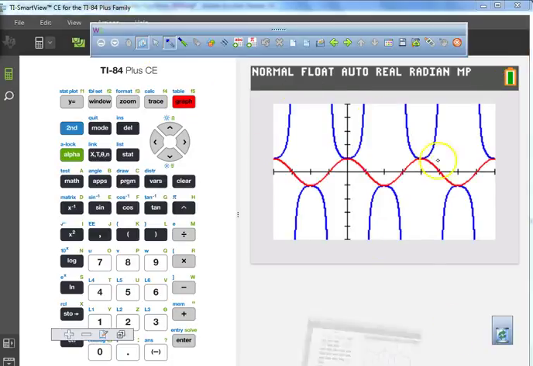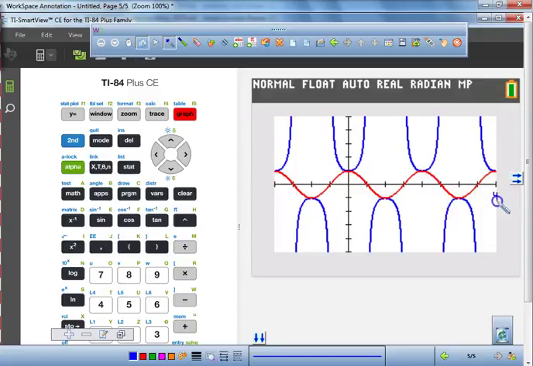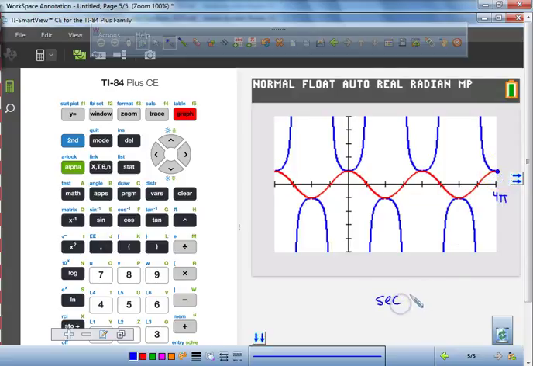Check it out. What did I say my x maximum was? I said it was at 4 pi. Hey, look, what's my y value right there? Is that a 1? So the answer to that, the secant of 4 pi equals 1. And that's your answer.